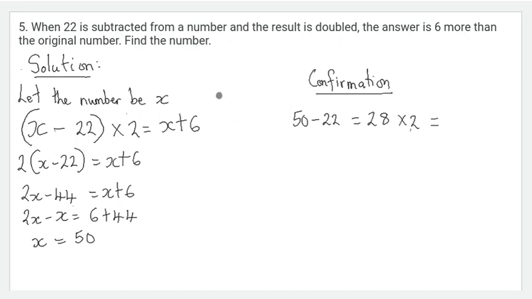Sorry, let me not do everything in the same line so you don't get confused. So we'll take the next part of the question in the other line. Now, 28 times 2 would give you 56. And this is actually 6 plus the original number. So we are right. This is correct. x is equal to 50.